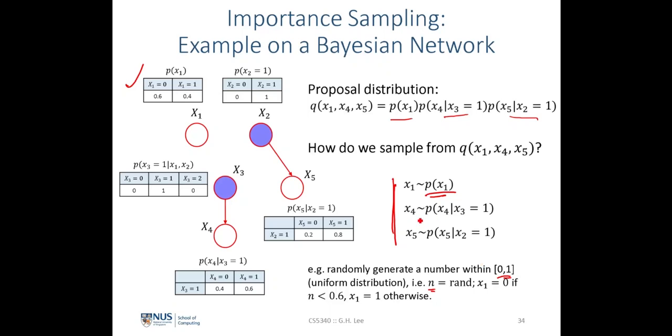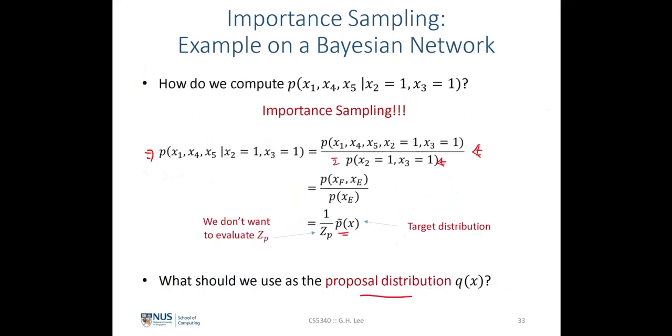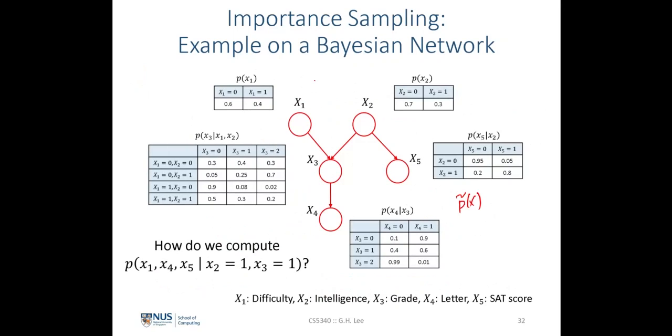We'll do the same for x4. So we can see that x4 is drawn from the conditional probability of x4 conditional upon x3 equals to 1. And that would be equivalent to this particular probability distribution table here, where we simply take the slice of the conditional probability of x4 conditional upon x3 equals to 1 from the given probability table over here.